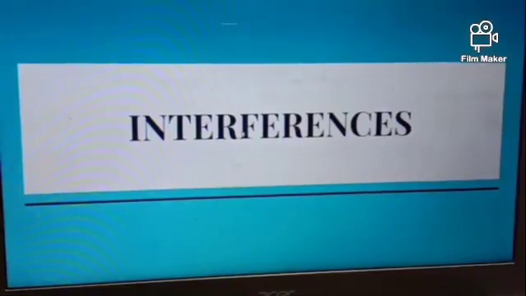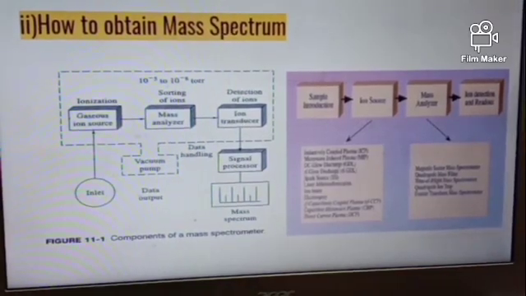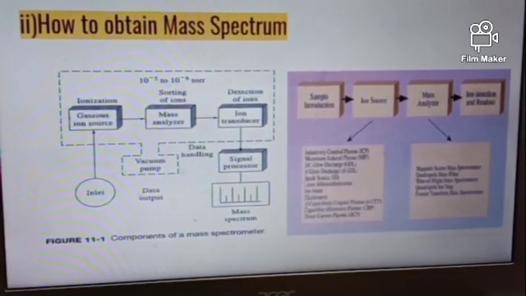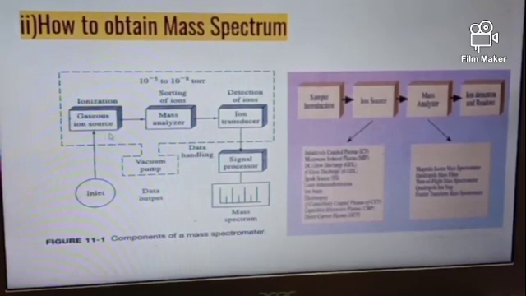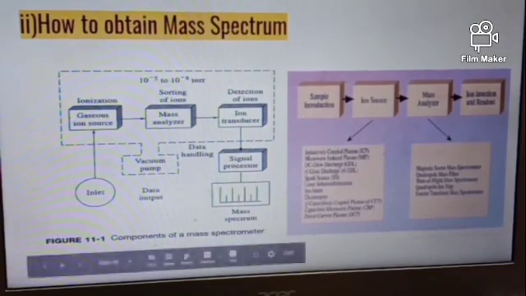This one shows the components of the mass spectrometer: there is the inlet, which goes to the gaseous ion source, then to the mass analyzer, through the ion transducer, and lastly the signal processor, ending up producing the mass spectrum.